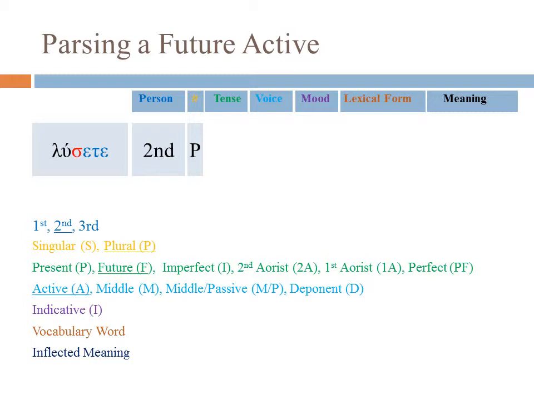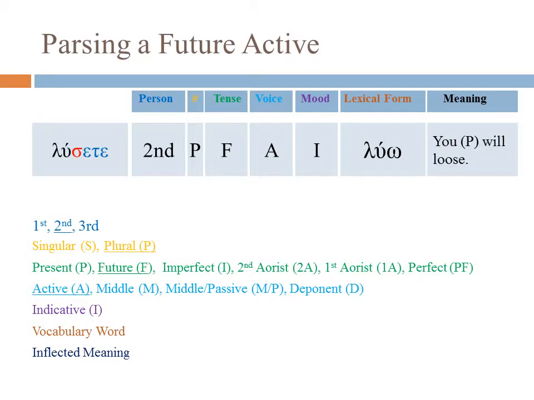The tense is given by the tense formative, the sigma, and tells us it's future. The voice, ete, is active. And the mood throughout is going to be indicative. The lexical form is going back to the beginning, to your vocabulary word, which is luo. And the meaning is you, plural, will loose.